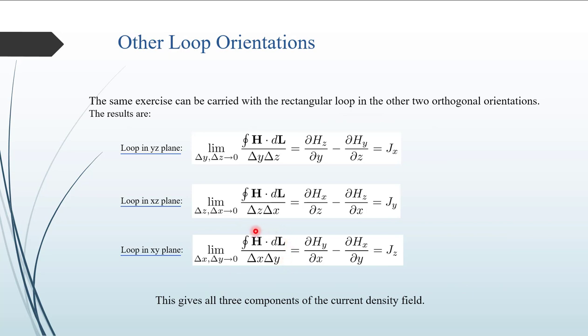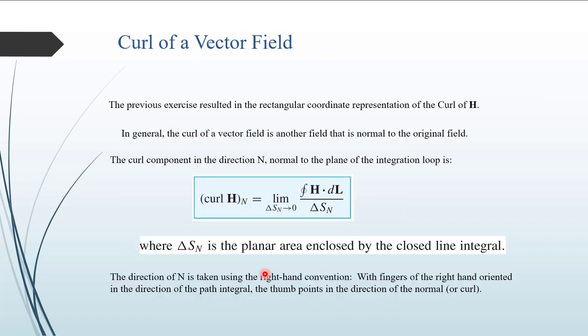This term, limit of delta x delta y tends to 0, H dot dl divided by delta x delta y, is expressed in this form, and that is called the curl of H. What the curl of H indicates is that the curl of a vector quantity is another field that is normal to the original field.